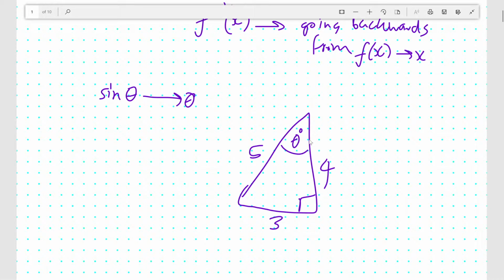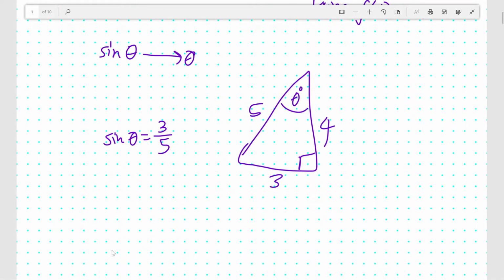What is it? An example usage of this would be, first you know that the sine of this angle is going to be the opposite over the hypotenuse. So sine theta is 3 over 5.